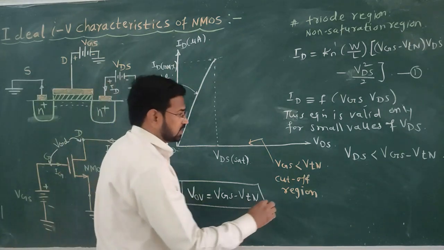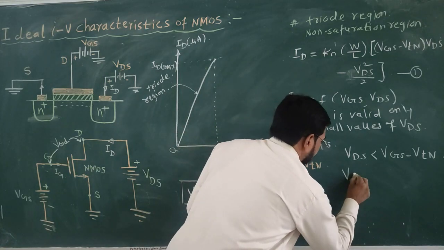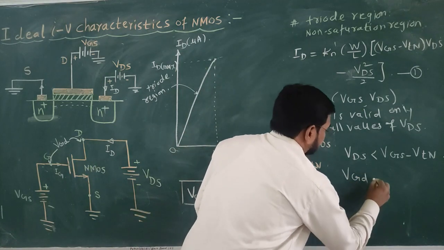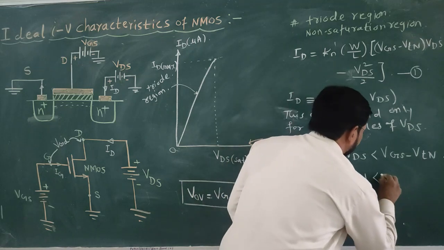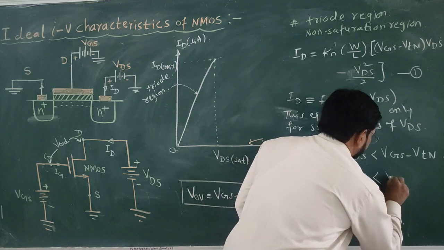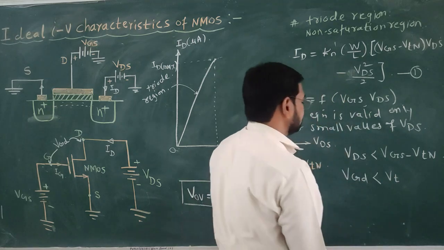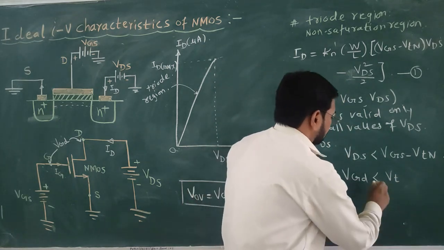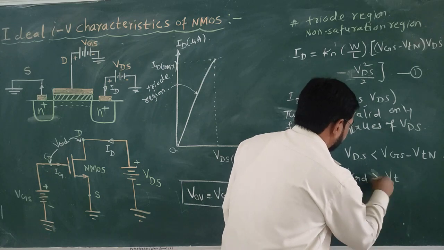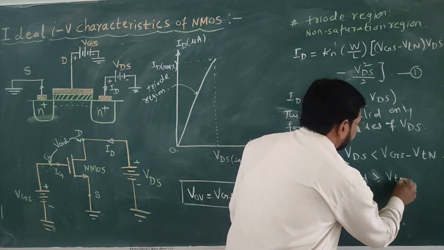So, VGD must be greater than or equal to VTN.